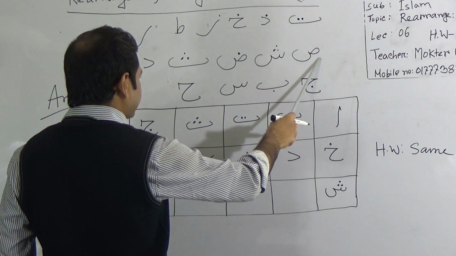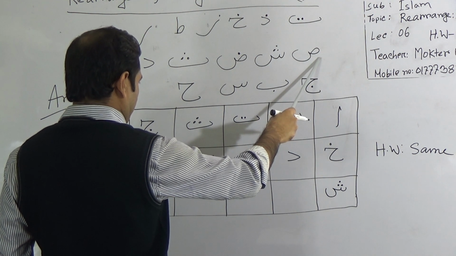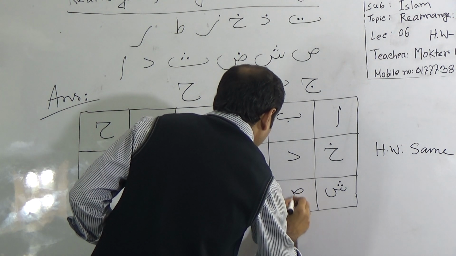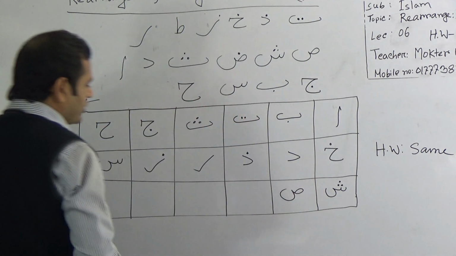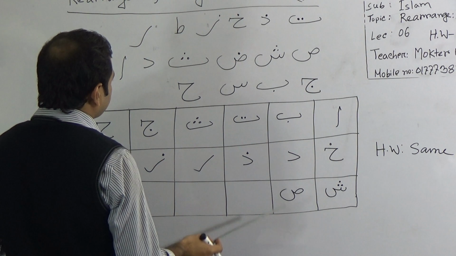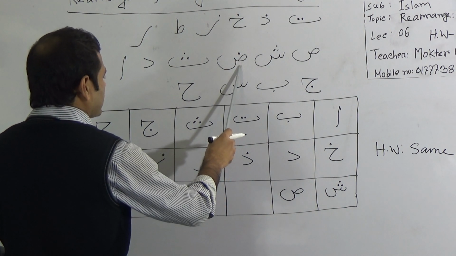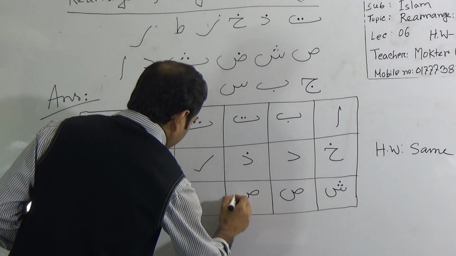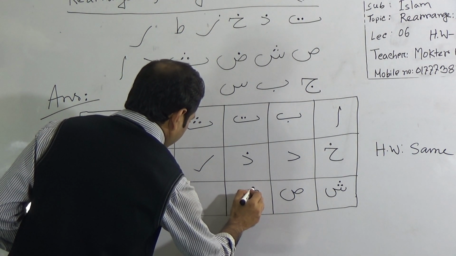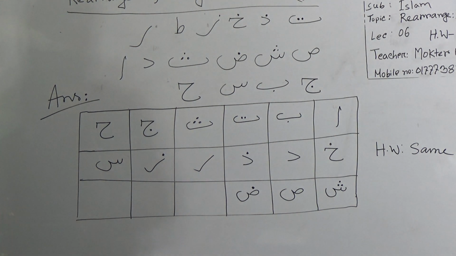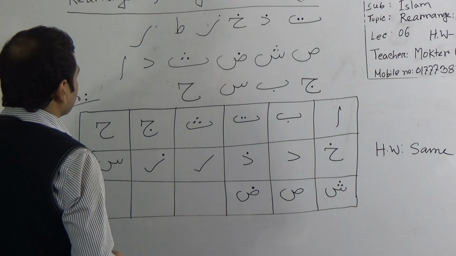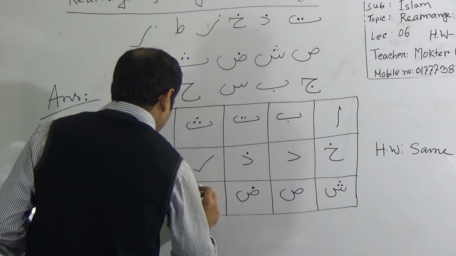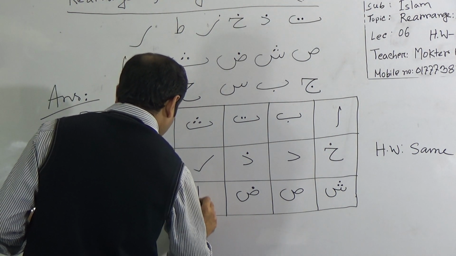Swad is written in the second line. So we will write swad after shin. After swad, which letter comes? Dod. Dod is written in the second line. So we will write dod after swad. Now, which letter comes after dod? To. So to comes after dod.